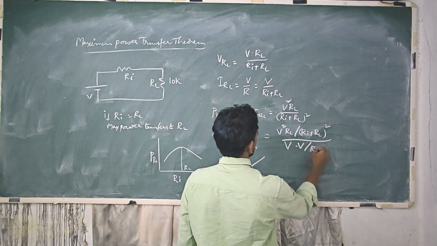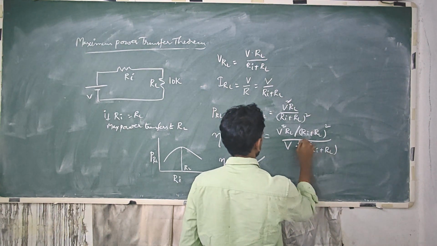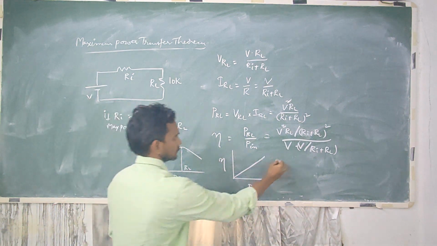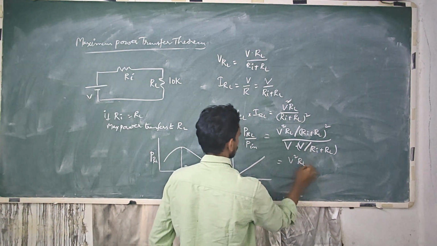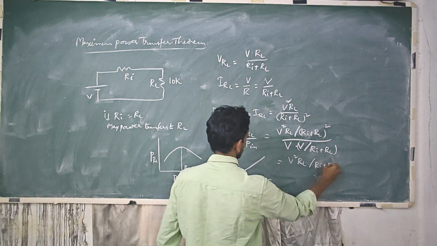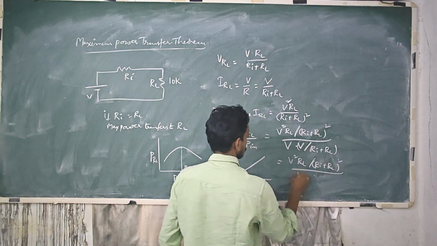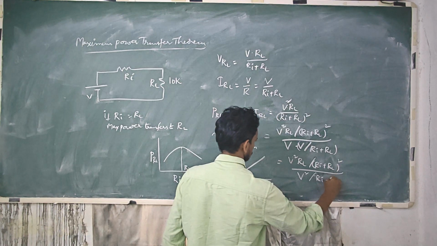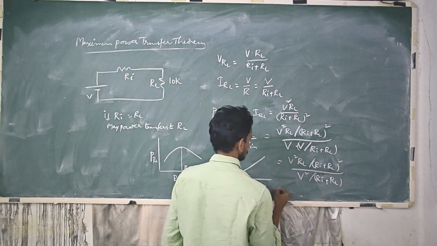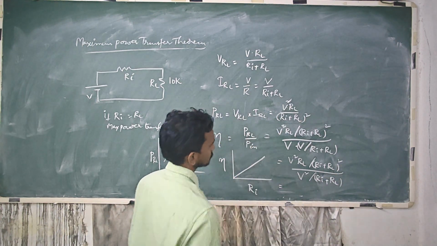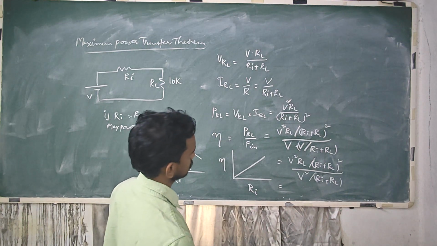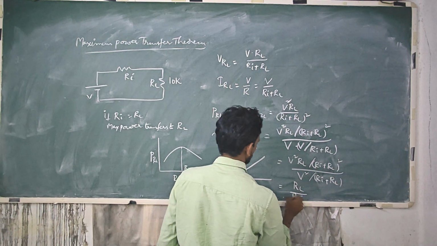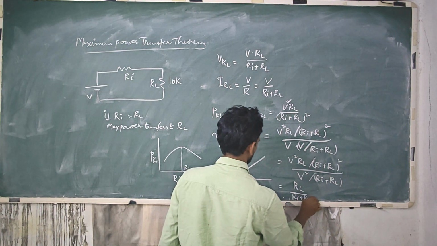V by Ri plus RL. So in total this is V square RL by Ri plus RL whole square by V square by Ri plus RL. So efficiency is what? RL by Ri plus RL.